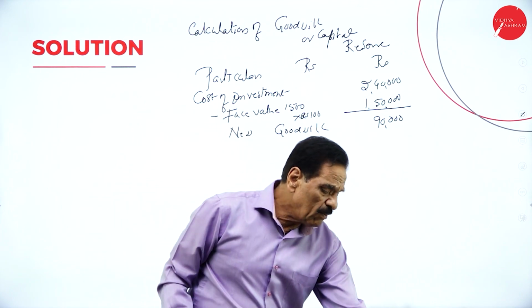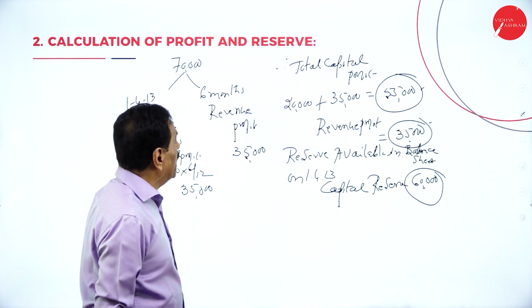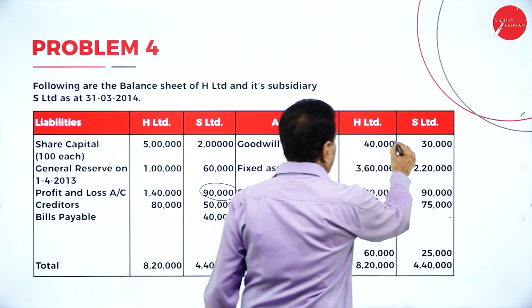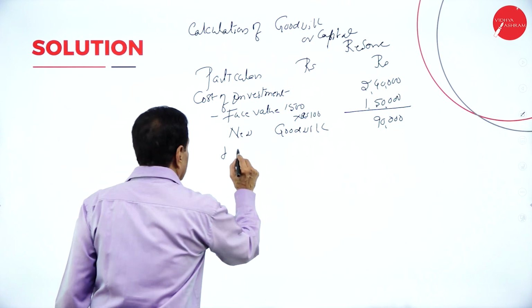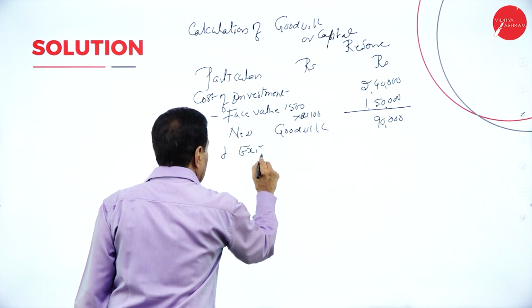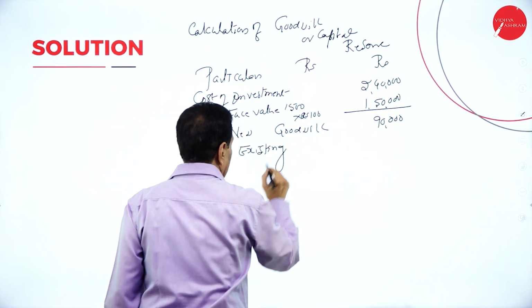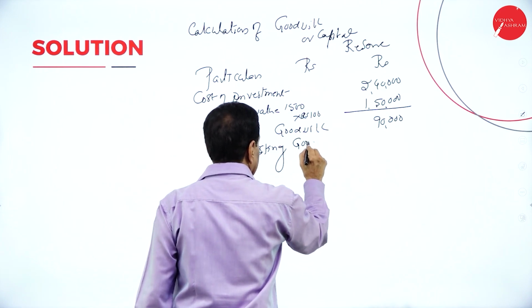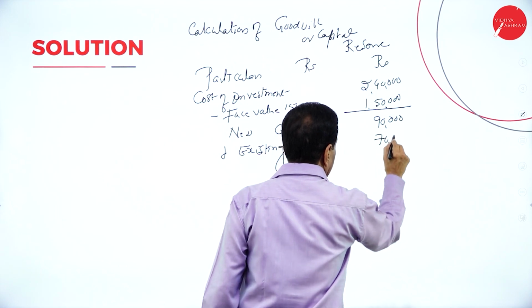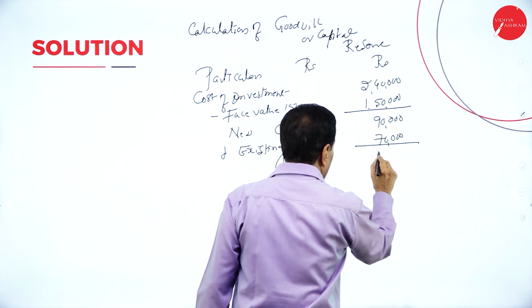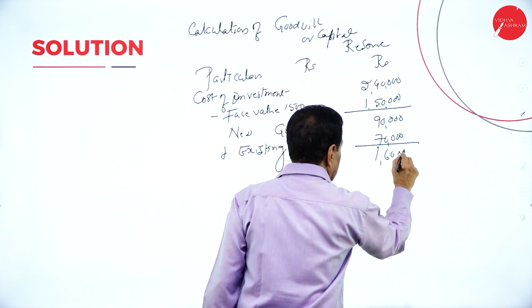If you see the balance sheet, you have an existing goodwill, 40 plus 30, existing goodwill of 70,000. It becomes 1,60,000.